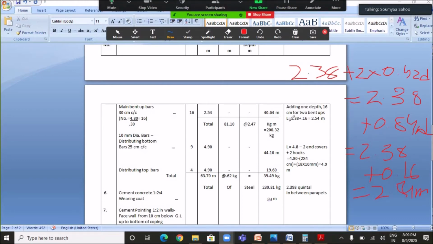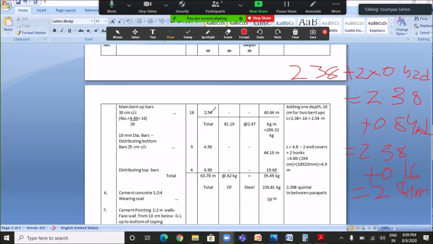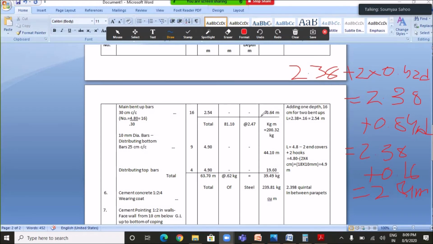And the total quantity is obtained by multiplying 16 with 2.54, which is equal to 40.64 meter. And the total quantity, 40.46 plus 40.64, equals 81.1 meter.